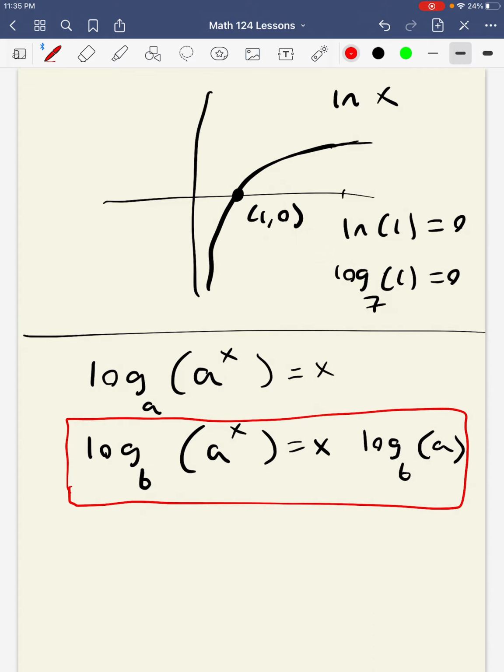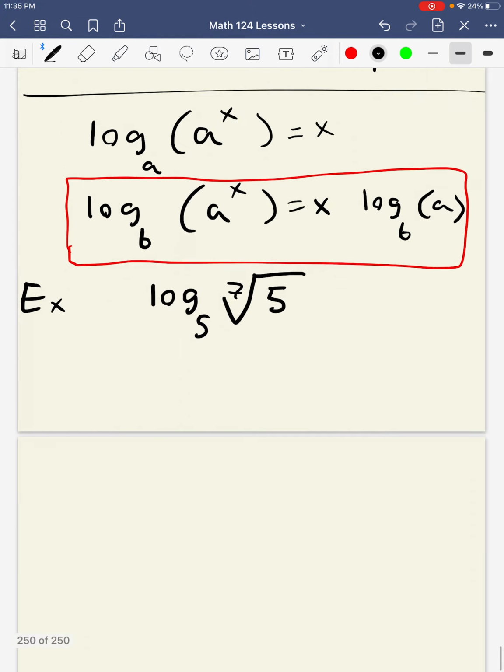You could just take the log of both sides of an equation and pick whatever base you want. So I'll give you an example of using this property. Say we want to simplify log base 5 of the 7th root of, let's do a 5, I guess. Start out easy.